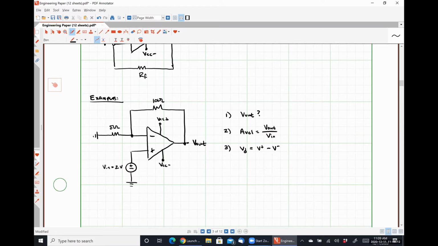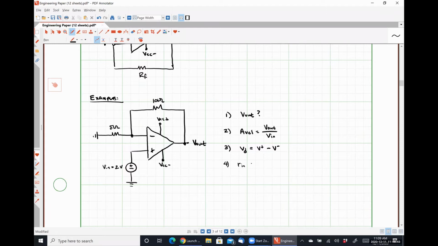Then I want to find Rin first. So this is the input resistance seen by our input voltage source. So it's the Thevenin equivalent resistance of the entire network as seen by our 2-volt input source.